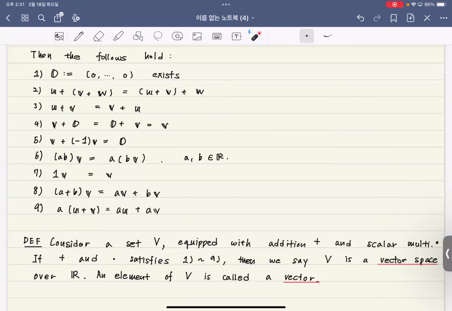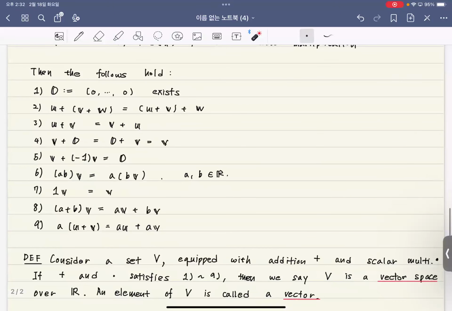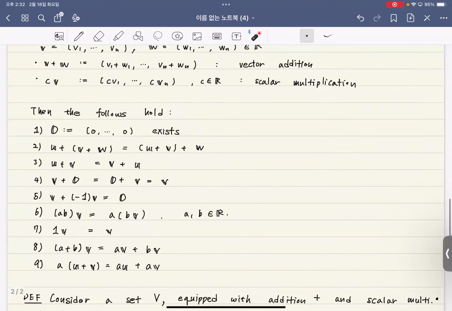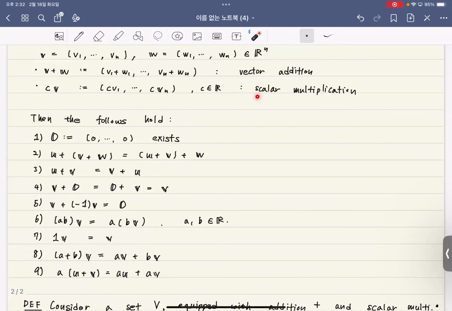One more thing. In this definition, I am choosing my scalar from the set of all real numbers. But there's no need to stick to the set of all real numbers. Maybe you can try to choose your scalar not from the real numbers, but from the complex numbers.